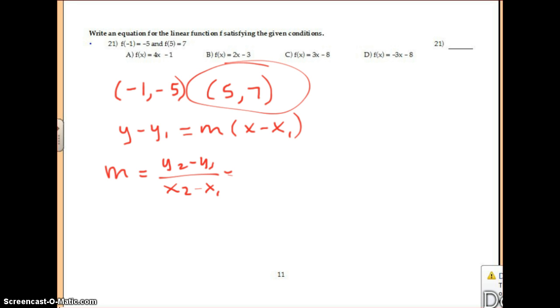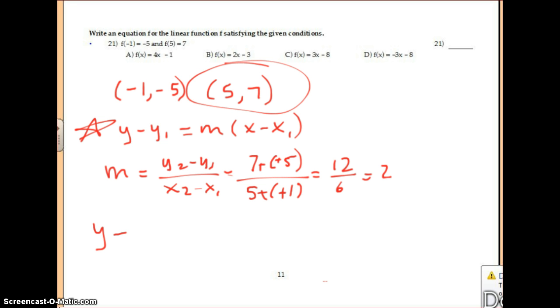That's going to be our slope. 7 minus negative 5 and 5 minus negative 1. That's going to be a positive, so that's going to be 12 over 6. So my slope is 2, and I'm going to substitute that into my point slope form.